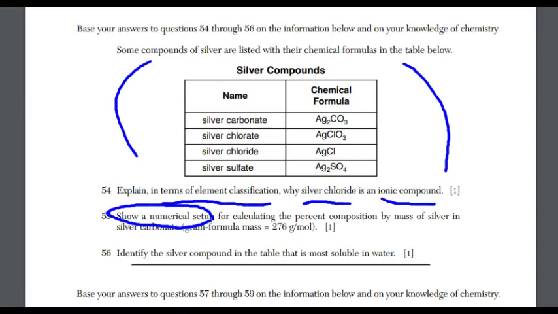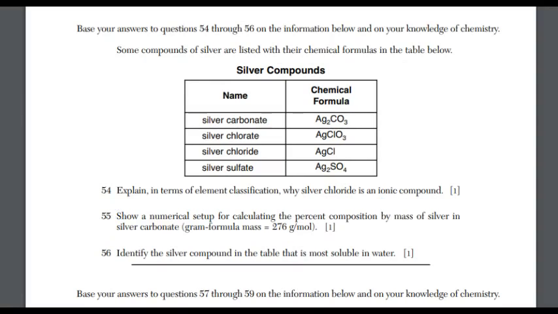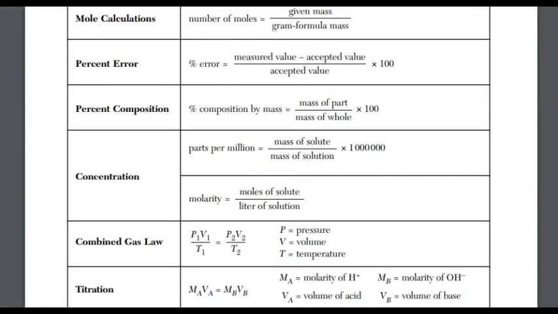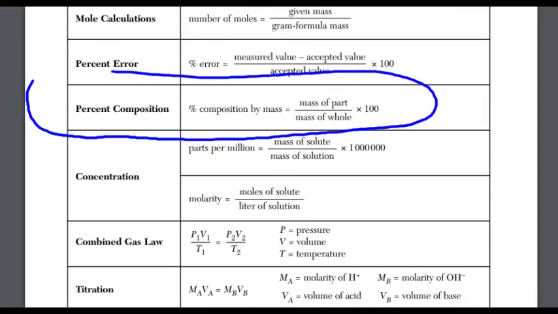All right, so percent composition by mass of silver in silver carbonate, and they give us the gram formula mass. There is the percent formula on reference table T, so let me show you that. So here it is, percent composition. The part is going to be our silver, and the whole thing is the gram formula mass, and they even gave us the number.